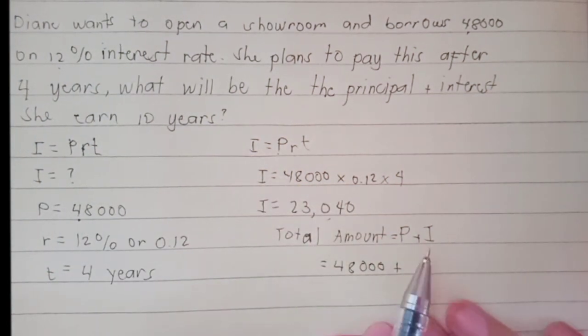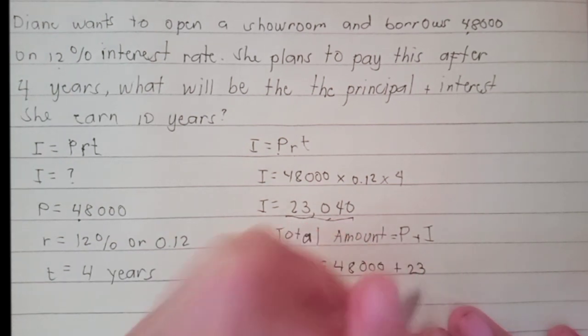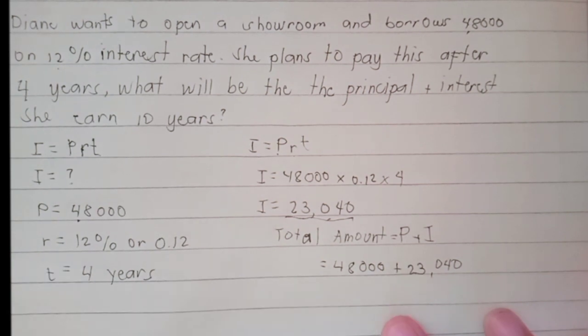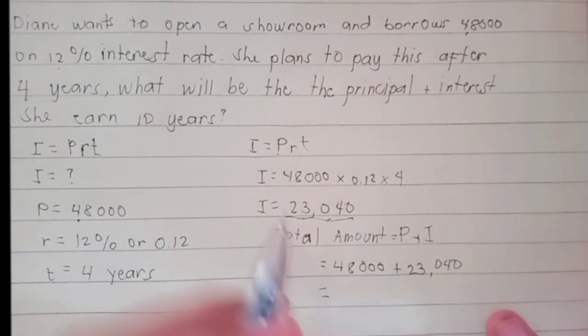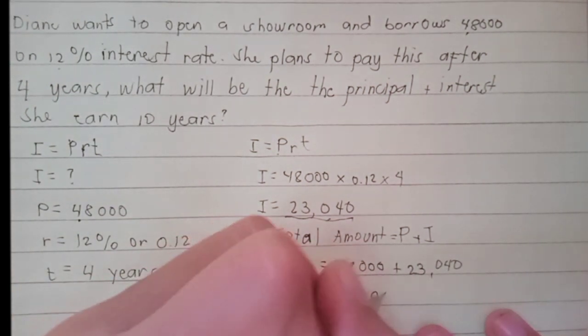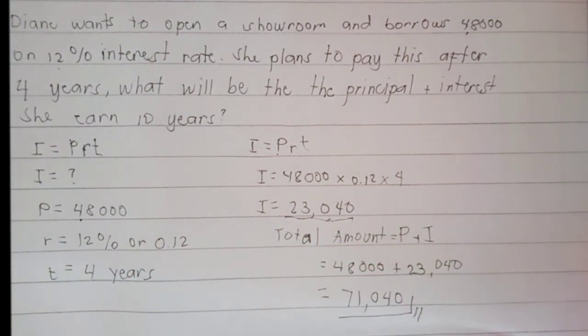Then plus the value of interest, which is 23,040. Add the two, then we've got 71,040. Final answer.